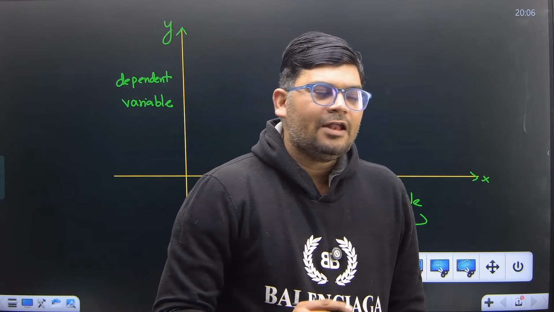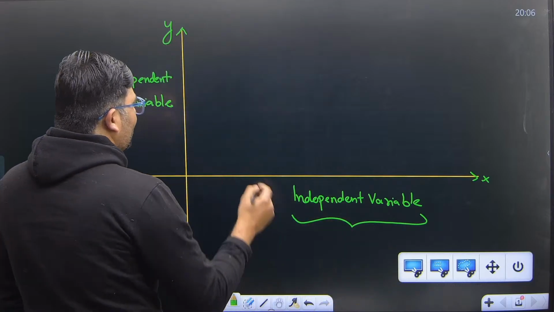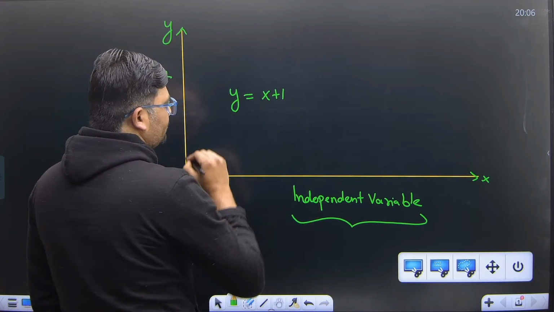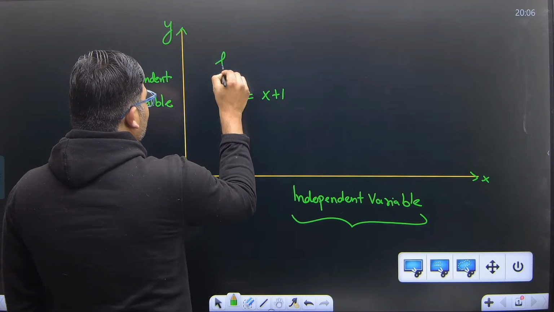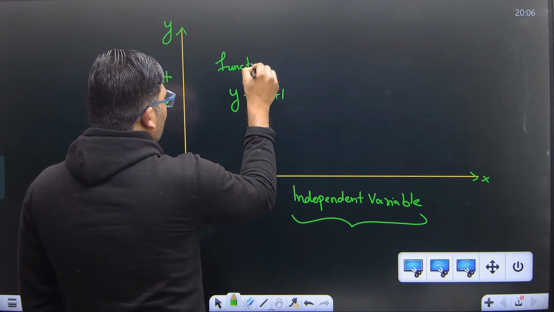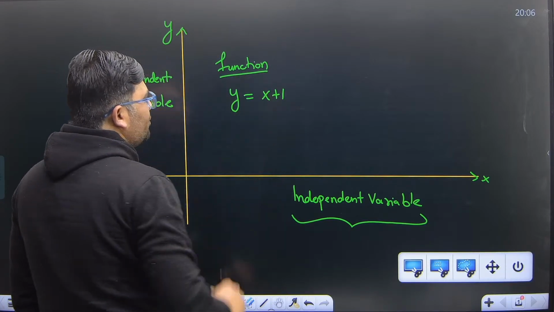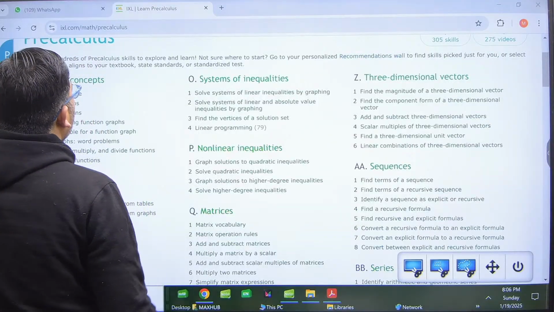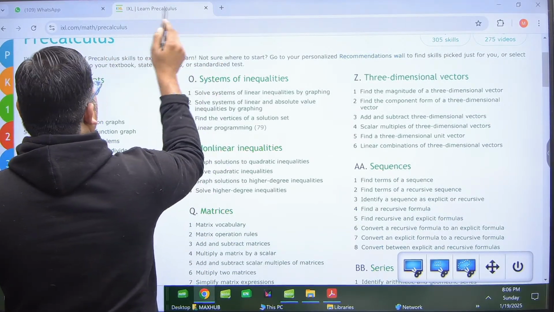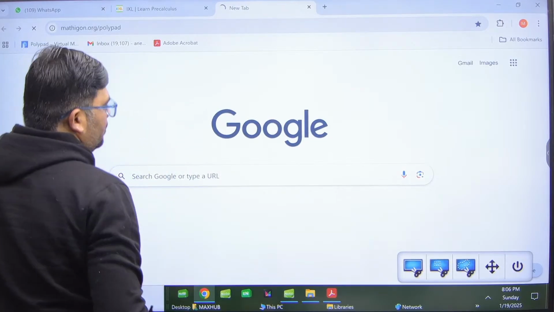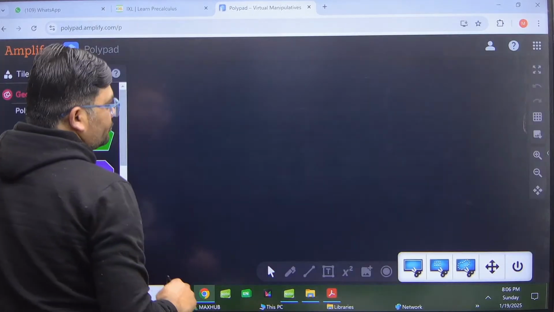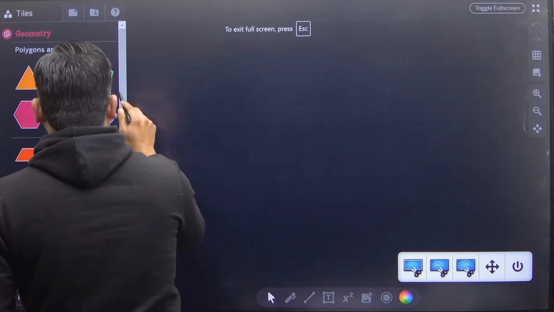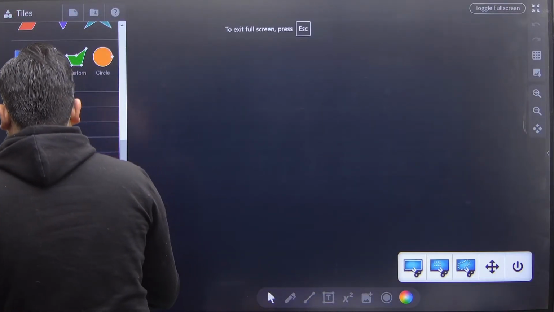Okay. And we can define any rule, like if I say y is equal to x plus 1. This is known as a function. Function means, I have shown you the function machine, I think. Let me show you again. So let us see the function machine first.